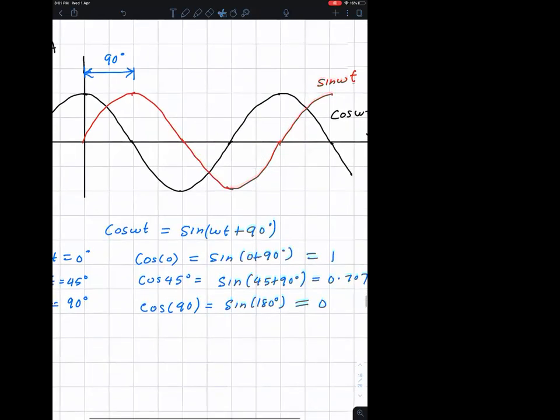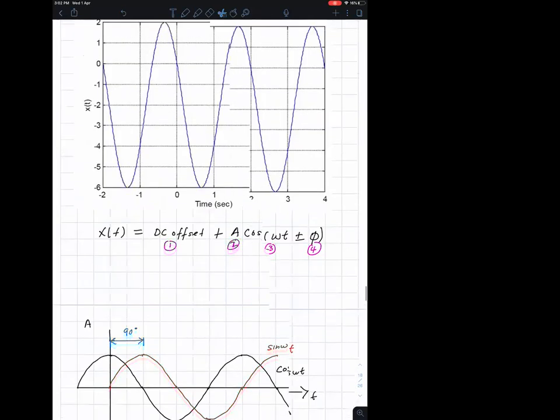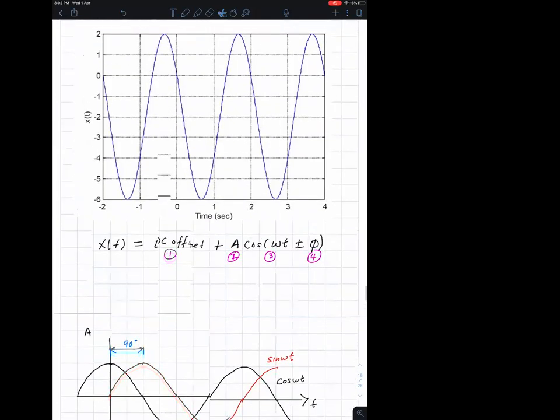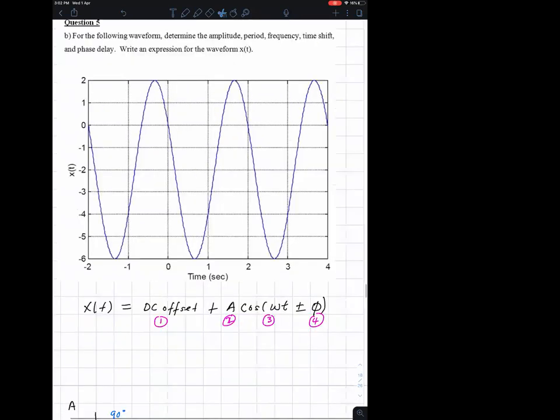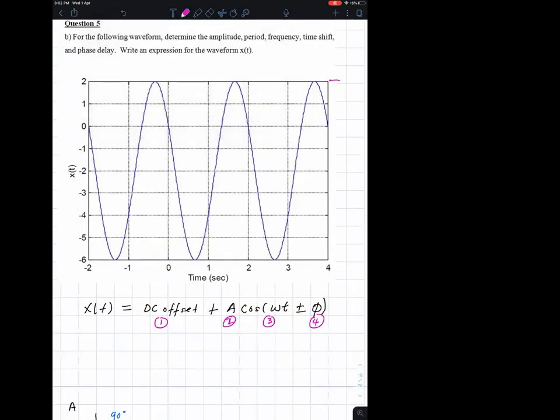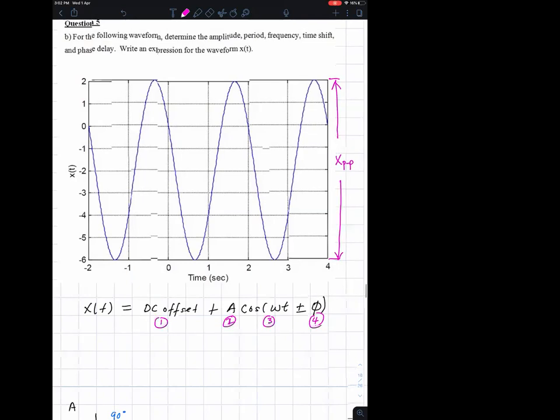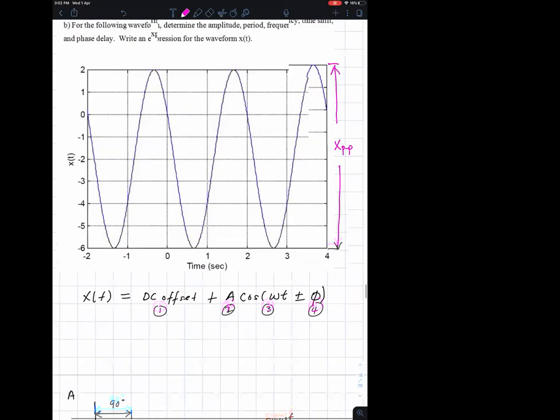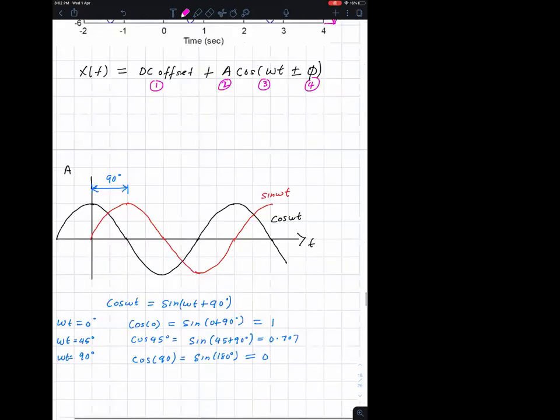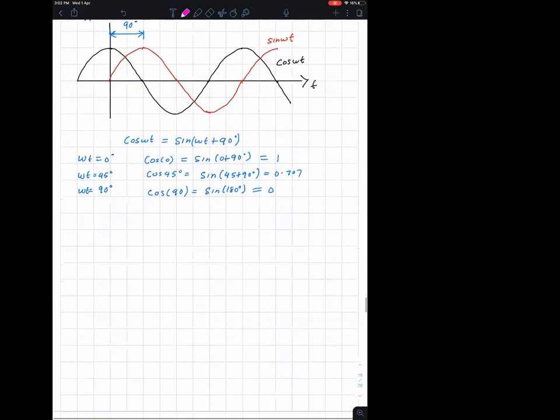So first of all, let us find the DC offset. How do we find the DC offset? To find the DC offset, first you find the peak-to-peak value. Just call this X peak-to-peak.